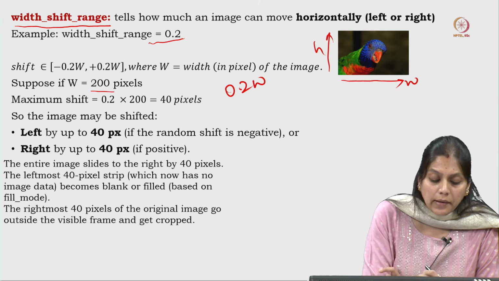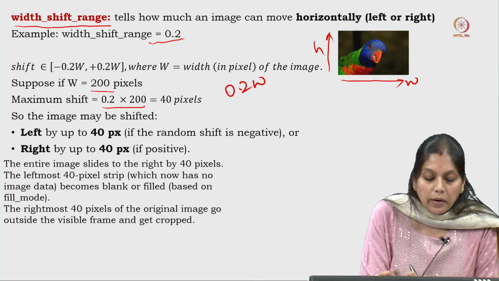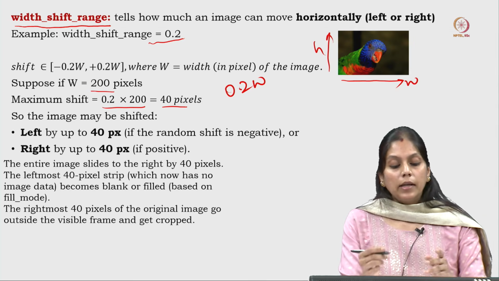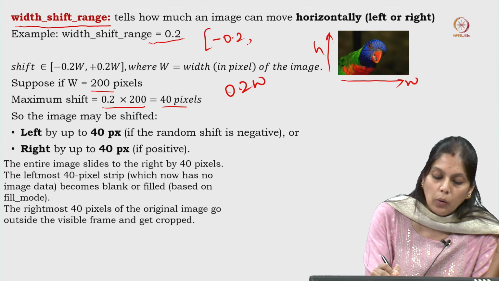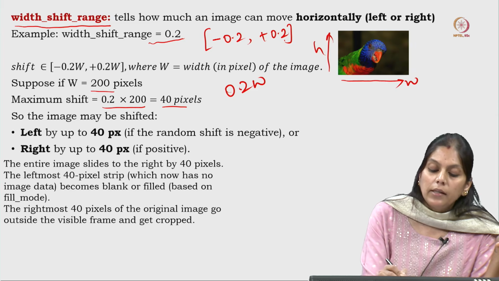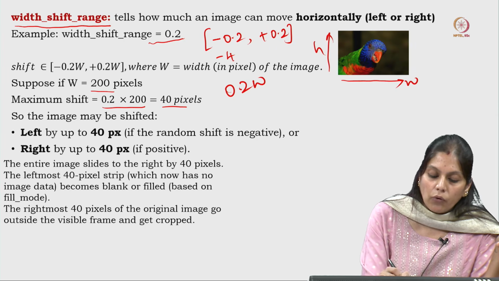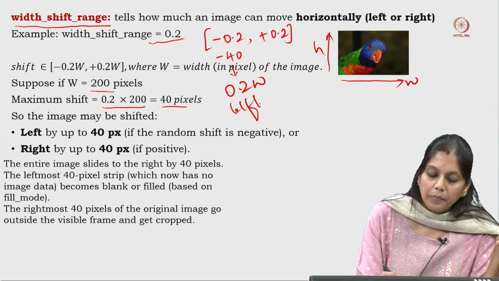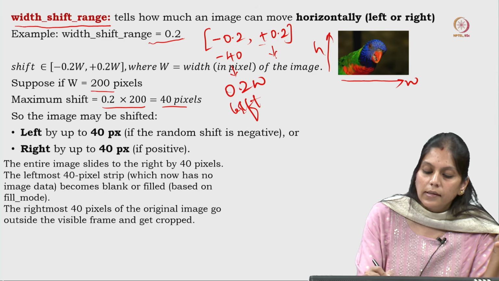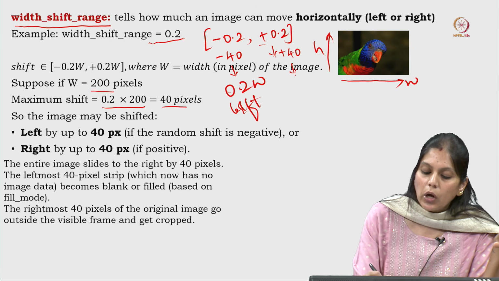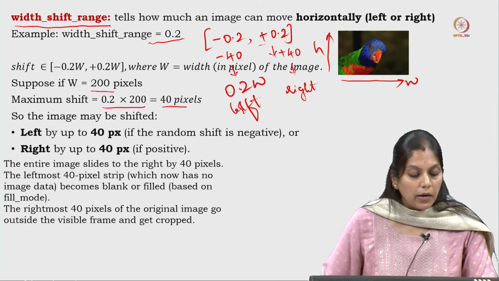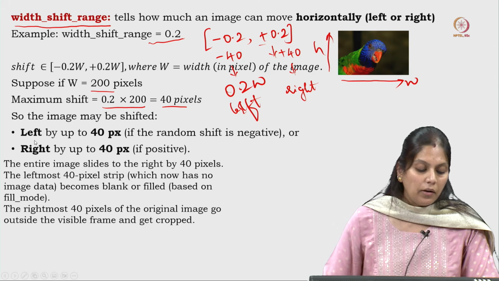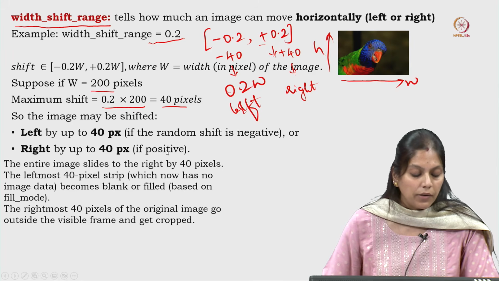Now, if you take this example, 0.2 into 200, we get 40 pixels, which means if you write 0.2, you have minus 0.2 to plus 0.2, which means minus is minus 40 pixels. The minute you write a minus, it will be moving towards the left, and plus is plus 40 pixels, which is moving 40 pixels towards the right side. So that is what has been written here. Left is negative and right is positive.